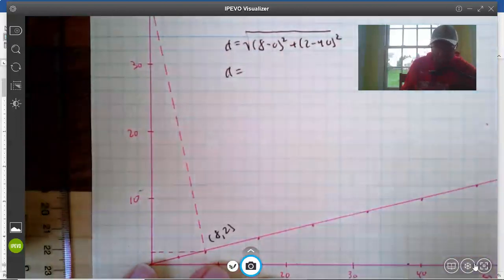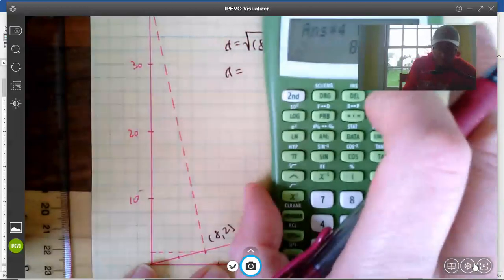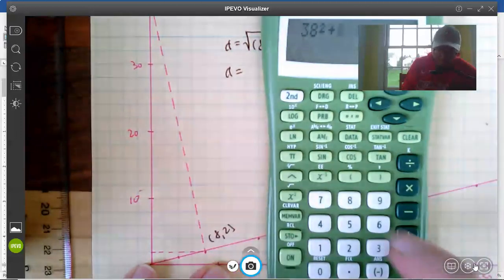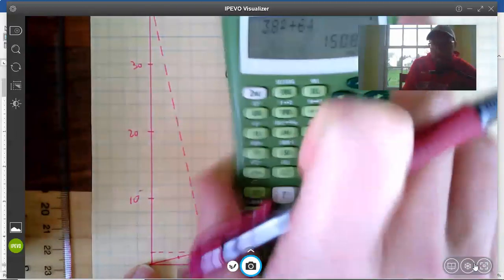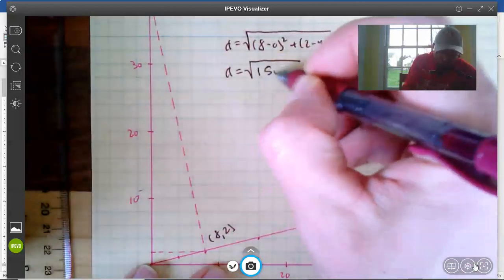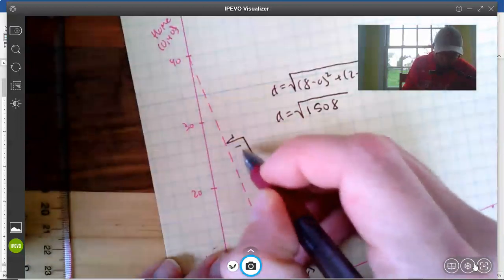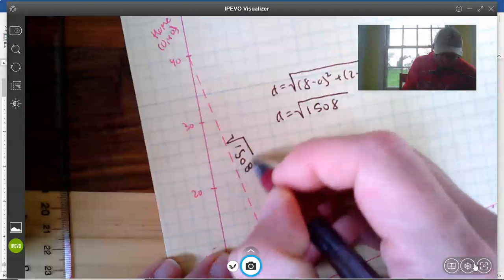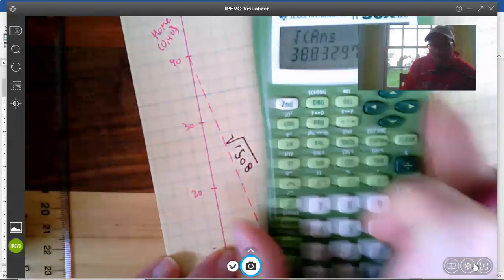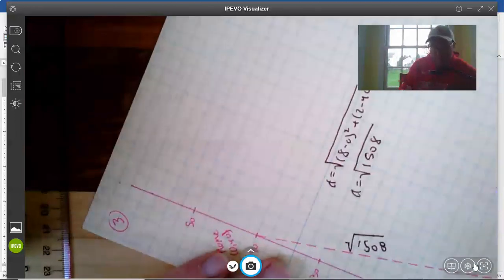D equals, so let's see, 38 squared plus 64 is 1508, which is the square root, second answer, 38.83 approximately.